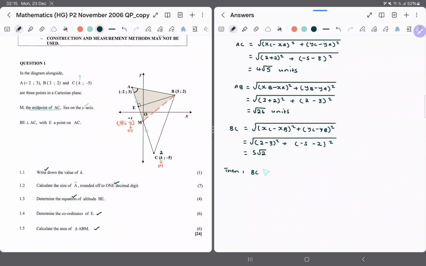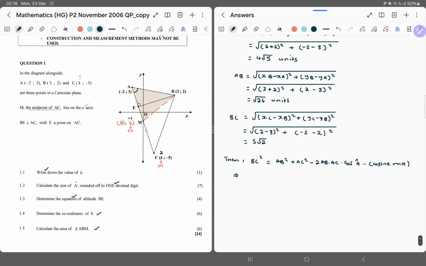We know that BC squared is going to be equal to AB squared plus AC squared minus 2 times AB times AC times the cos of angle A. This is the cosine rule of triangles. So that's something you need to be comfortable setting up. You've done this in grade 11, so it shouldn't be a problem.